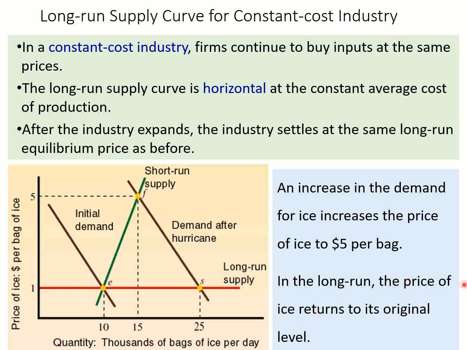In the long run, the price of the IC returns to its original level. So in the long run, when the supply curve becomes horizontal, look, the price returns to its original point, that is here it is.